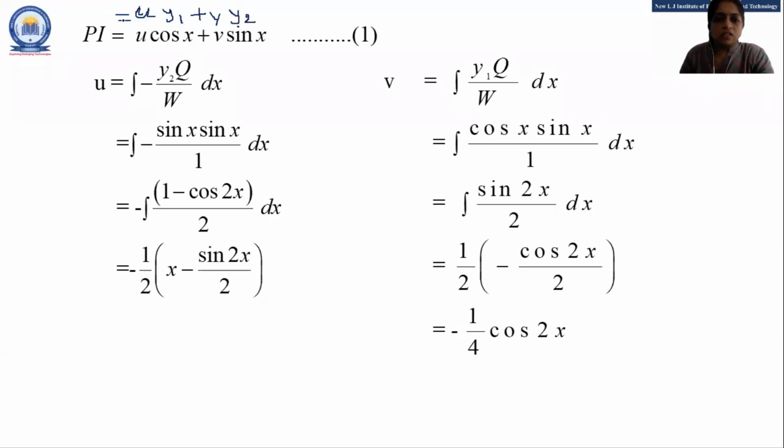Okay. Now y1 is cos x and y2 is sin x, and you already know the formula of u and v.